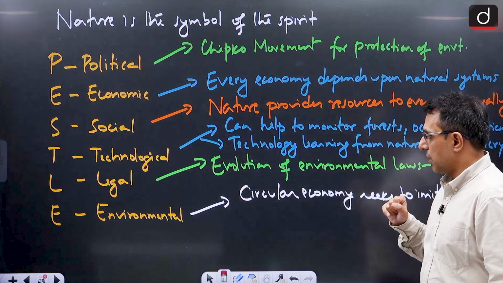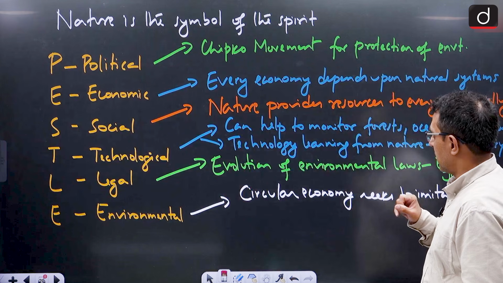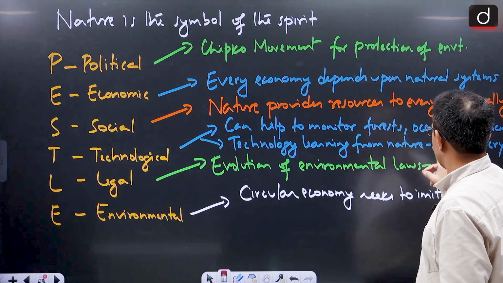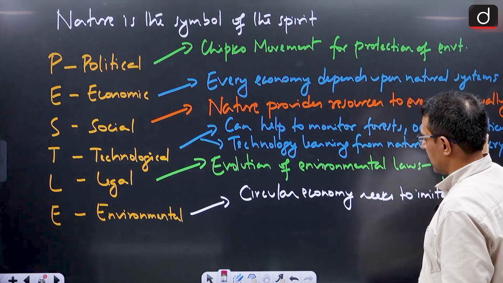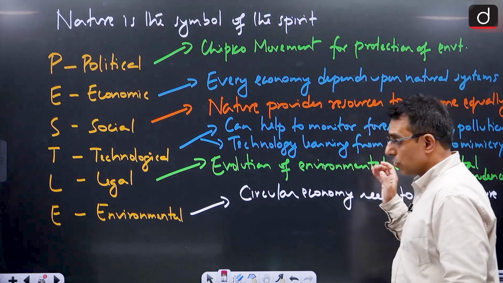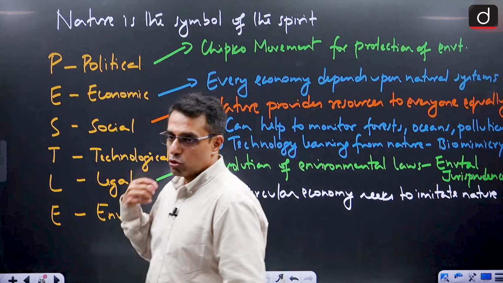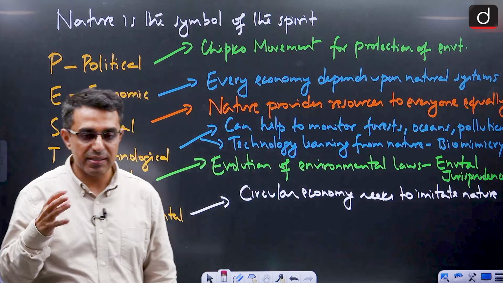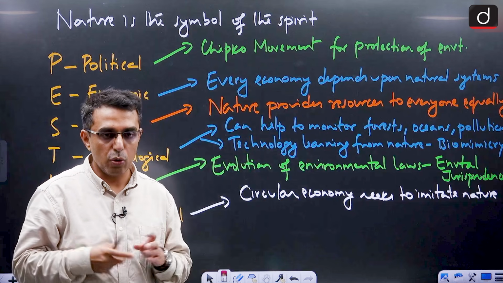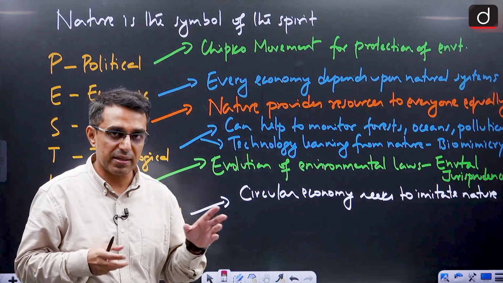Then in the technological dimension, we can explore that technology can help us to monitor forests, oceans, pollution, etc. And technology is also learning from nature, right? So many things are being designed by looking at nature. Scientists look at nature and design things.